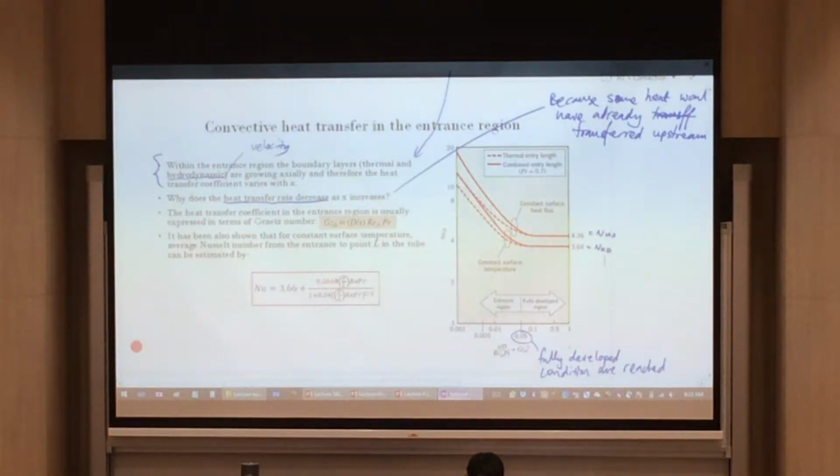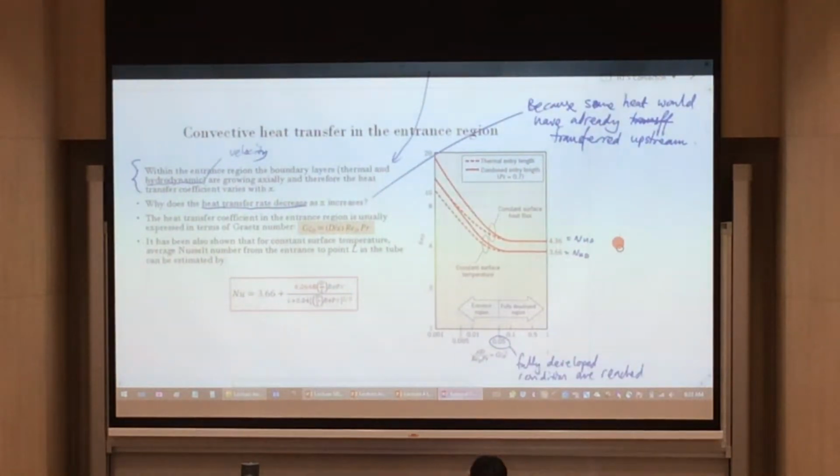If you look back at what you had before, the Nusselt number of 4.36 was for the case of a constant heat flux. And 3.66 is when you have a constant surface temperature. You can see that because their respective h values will be constant.